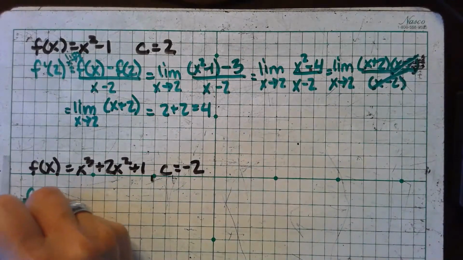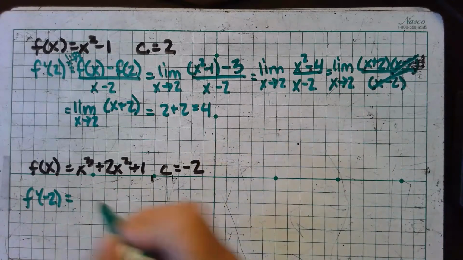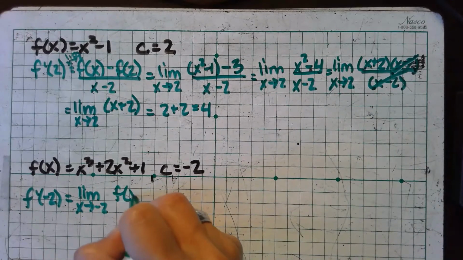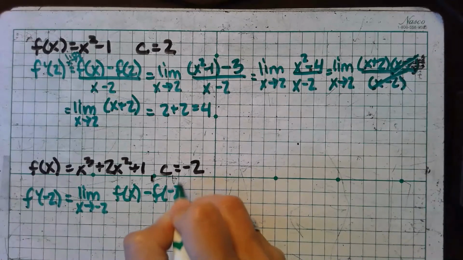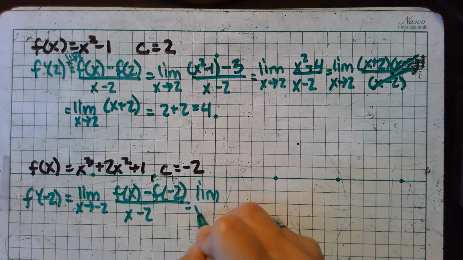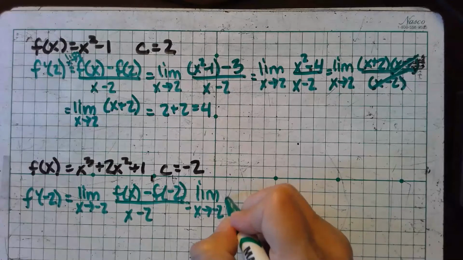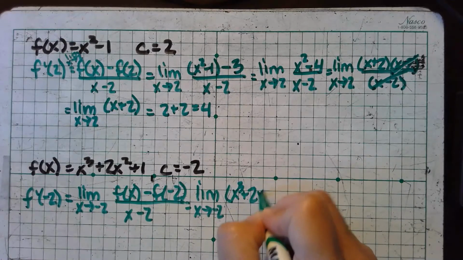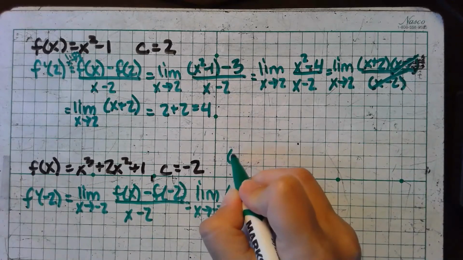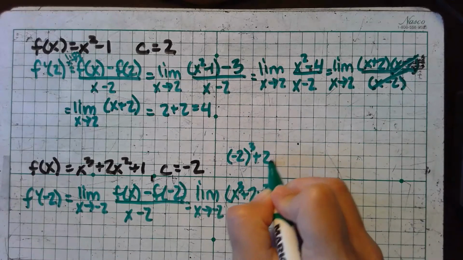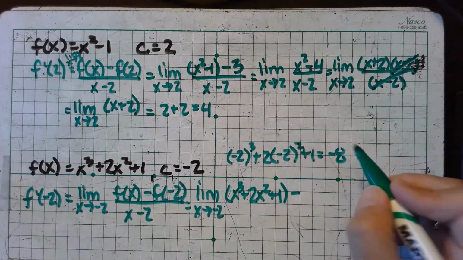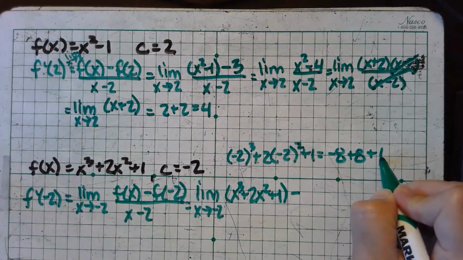We want to find f prime of negative 2. The limit as x approaches negative 2. We're going to say f of x minus f of negative 2 over x minus 2. F of x is, keep with limit notation. When I plug negative 2 into there, I'm going to do negative 2 cubed plus 2 times negative 2 squared plus 1. So that's negative 8, that's going to be positive 8, plus 1.